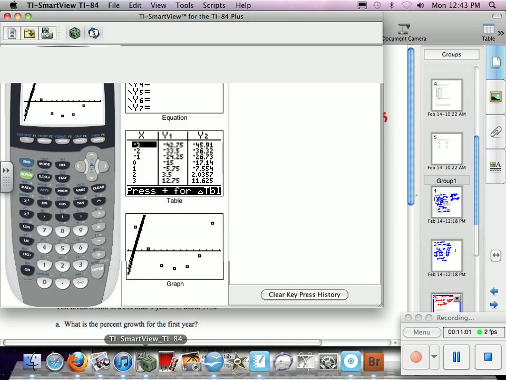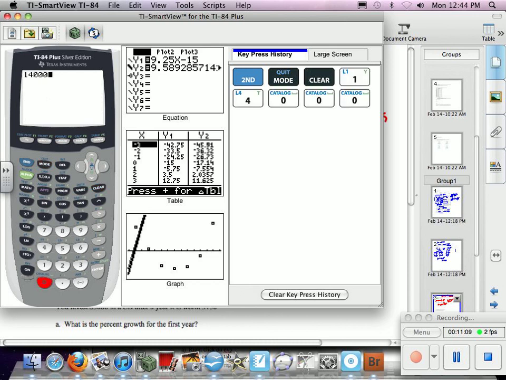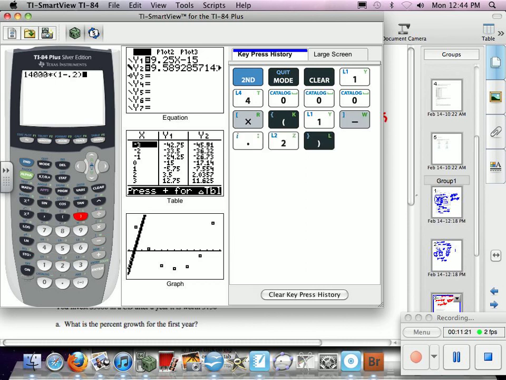So I'm going to go to my home screen, clear it up, and say 14,000 times, parentheses, 1 minus 0.2. And then I'm going to use this exponent key right here, to the 2.5.